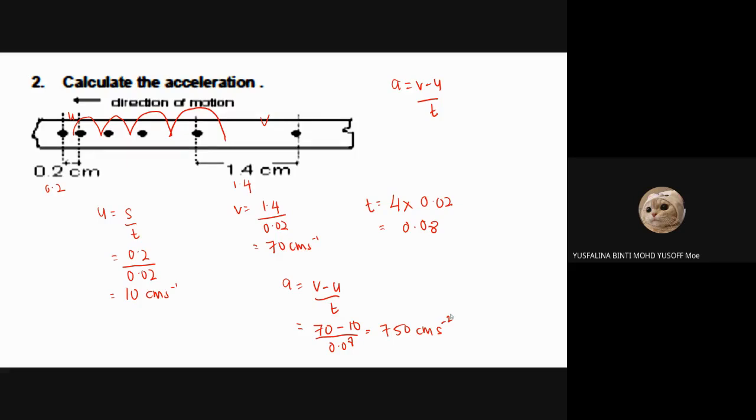But for the t for the velocity, you just count the tick. This one is one tick, so one only. Are you clear?